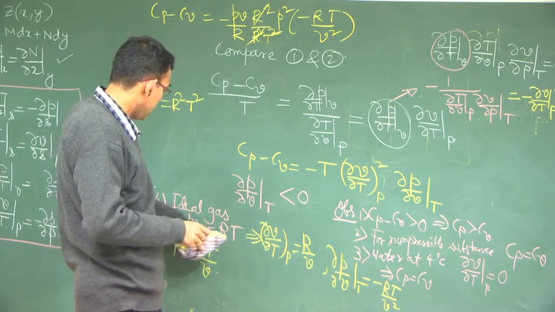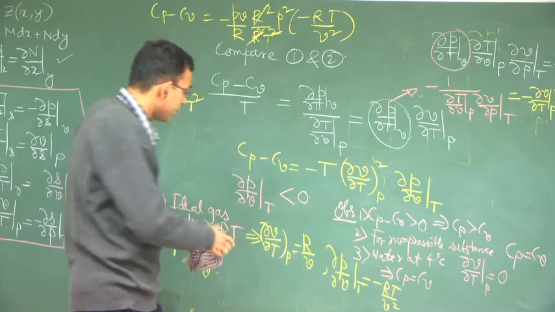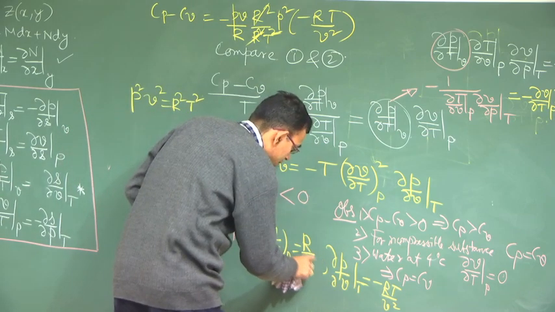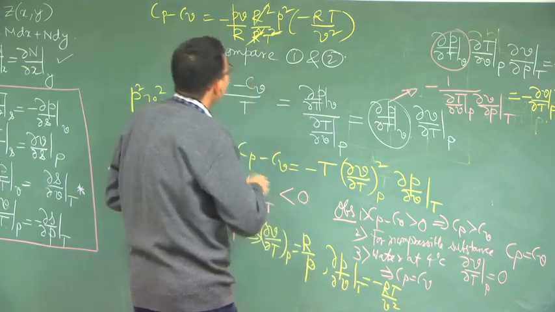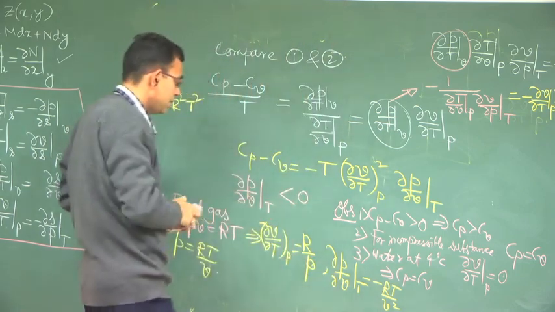So, del V del T at constant pressure is R by P, sorry. So, I will redo it, there was an algebraic error.